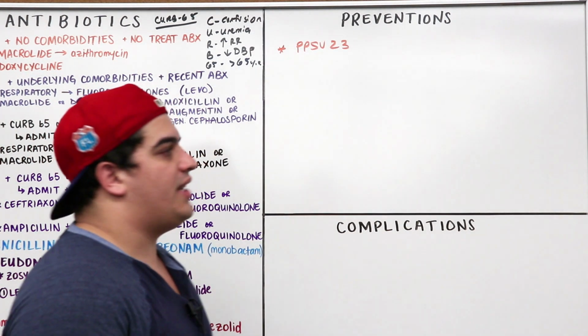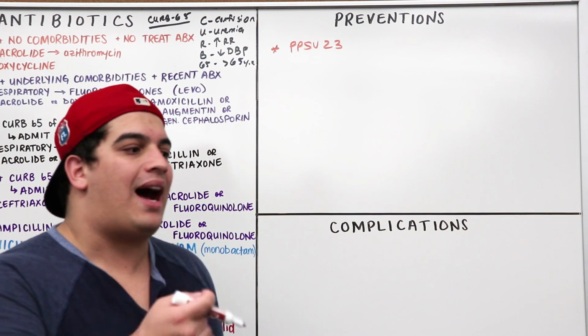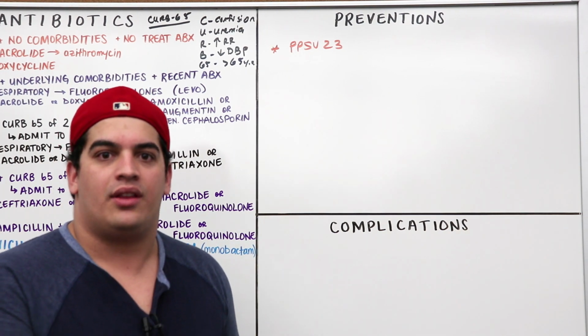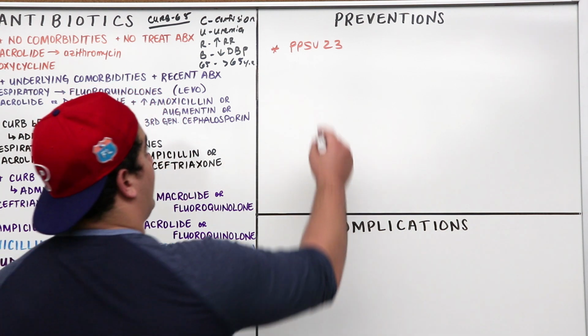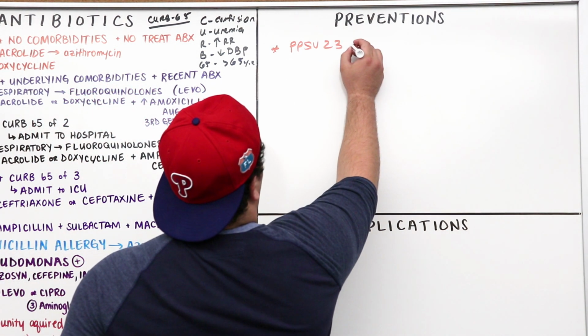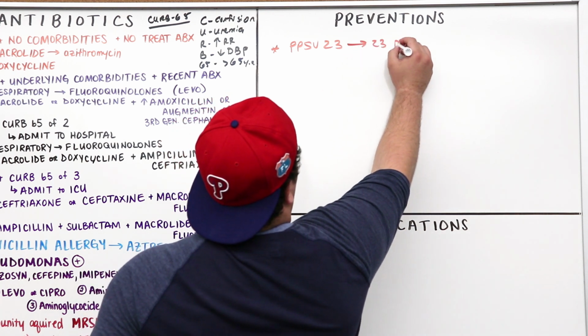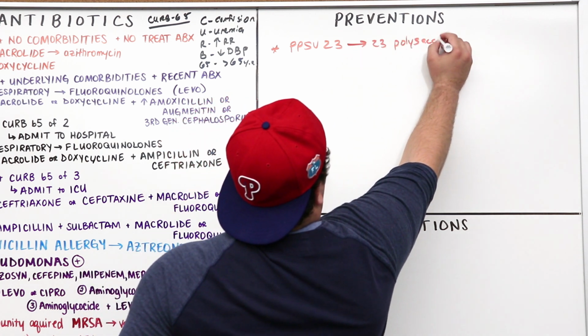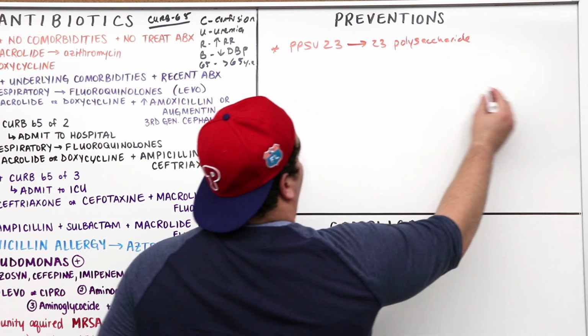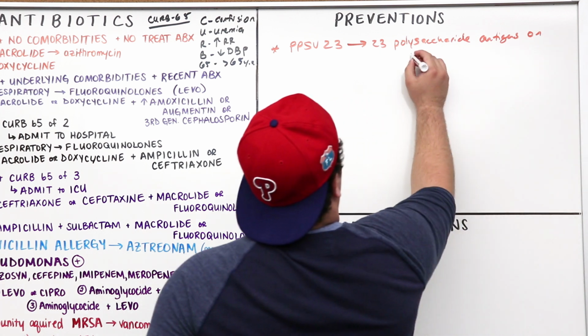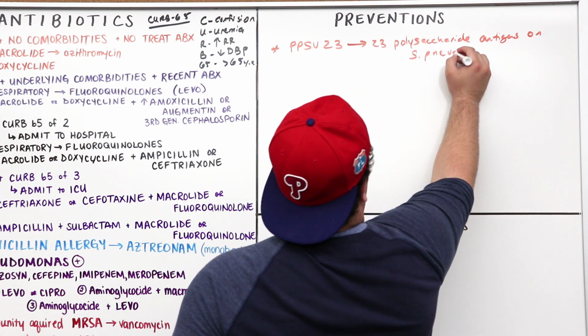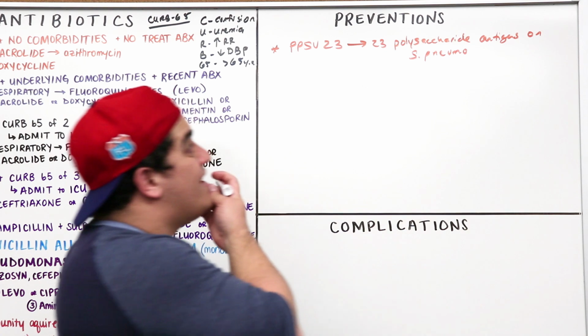The 23 stands for the 23 polysaccharide antigens that are present on streptococcal pneumonia bacteria. So let me write that here for you. The 23 means 23 polysaccharide antigens on strep pneumo, so streptococcal pneumonia, right?